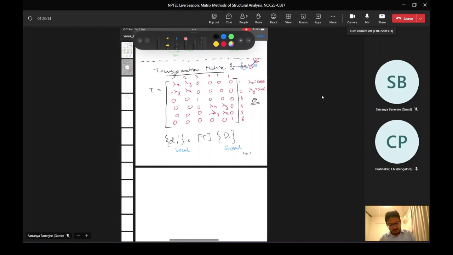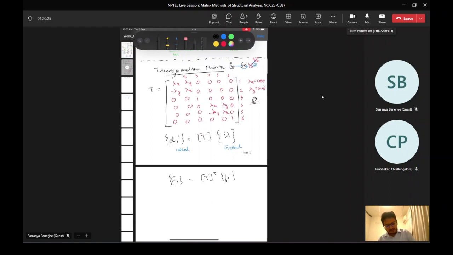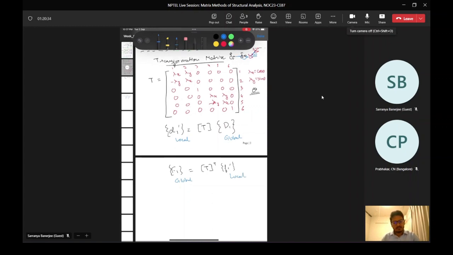Similarly, we know that F1 equals T transpose F1 dash. Again, capital F is global and this is local. Sorry, this will not be d1, so let's just write small d and not forget about all these things. These are all understandable.